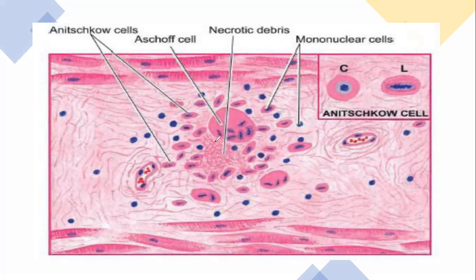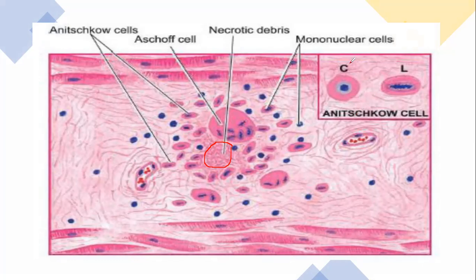Now, these are the Aschoff bodies. You can see the area of central necrosis here, and then you can see it is surrounded by these Anitschkow cells or the caterpillar cells, okay? And an Aschoff giant cell, which is fused caterpillar cells.